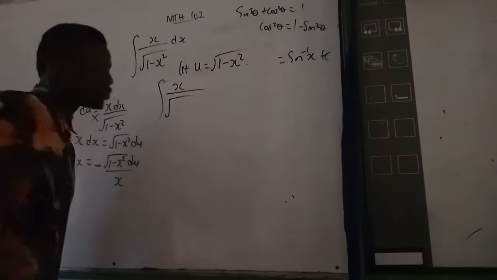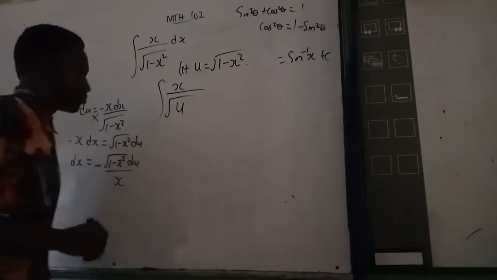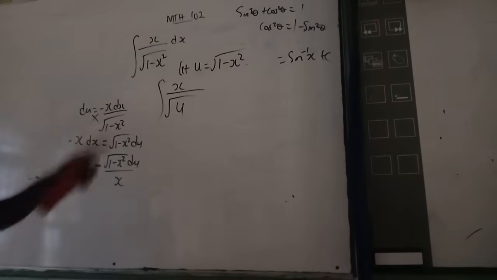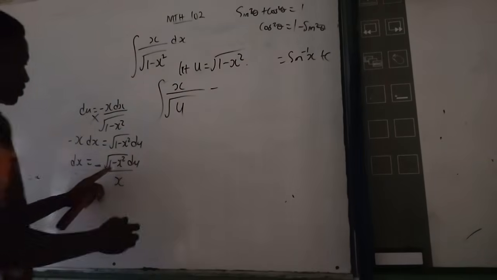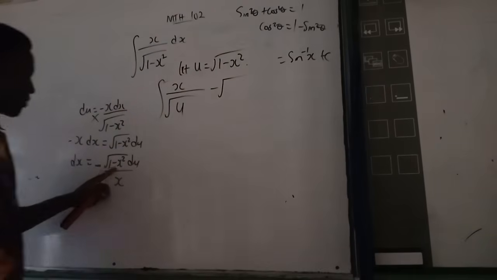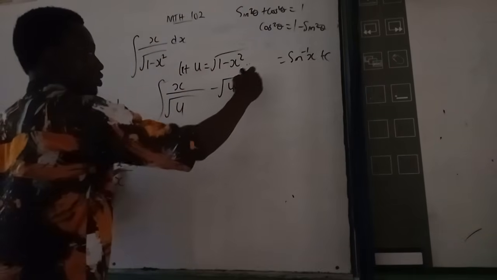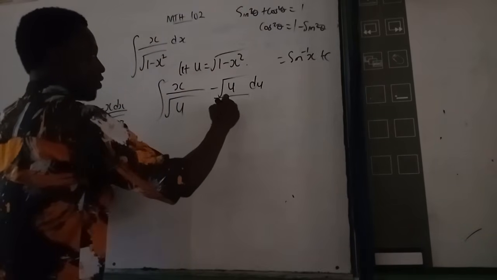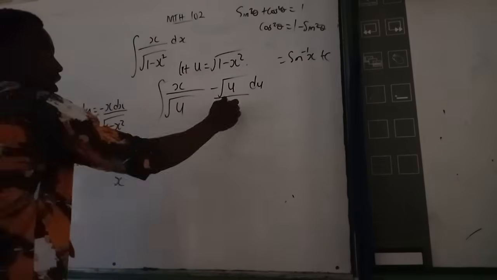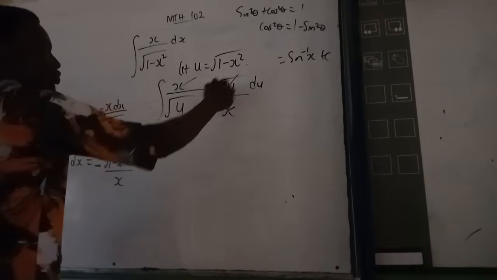We can replace it as u, but there's no problem. Dx, what's our dx? Minus root 1 minus s squared, which is our u, then du over x. Can we see that? S cancel x, root u cancel root u.